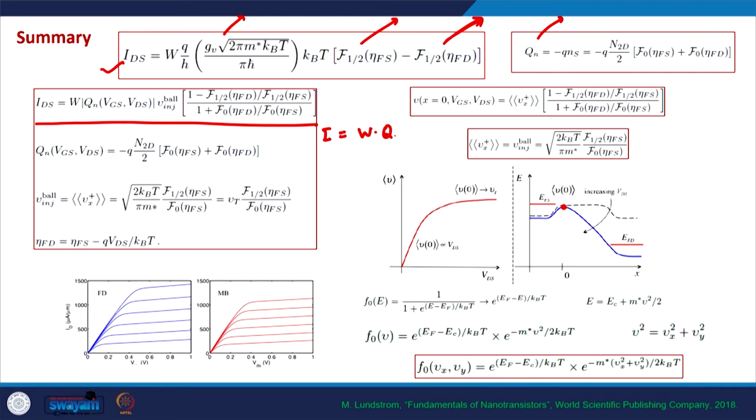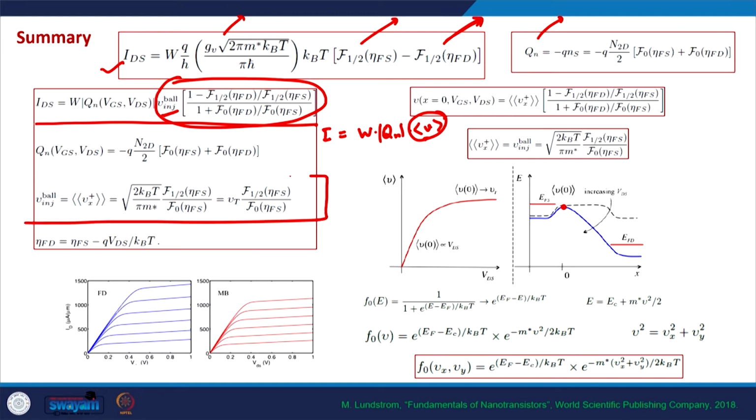the classical form of the current, in which the current is represented like this, and from here we obtain the average velocity of electrons at the top of the barrier, which is given by this entire expression. The first term in this expression is the ballistic injection velocity, which is given by this expression.